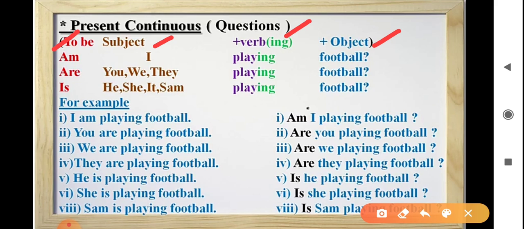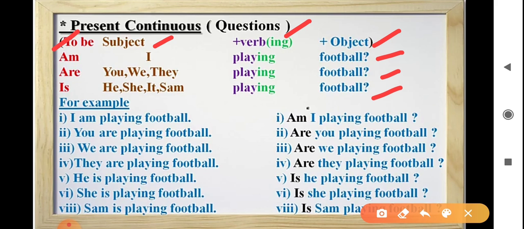See examples. Am I playing football? Are you playing football? Is he playing football? We are using is, am, are at the starting of the sentence, and after the be form of the verb we use the subject, then the main verb with ing, then the object.